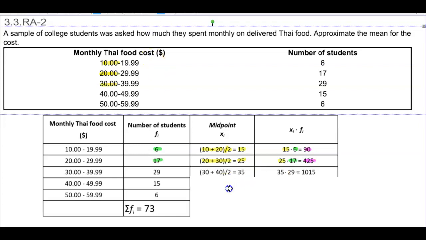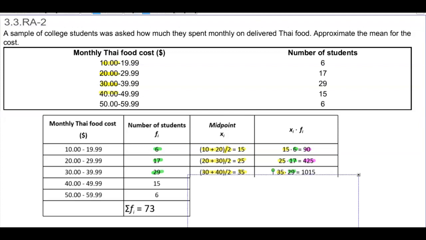Next, the next 2 lower class limits are 30 and 40. We add 30 plus 40 and divide by 2, which gives us 35. We take that midpoint of 35 and multiply it by the frequency of 29, which gives us a total of 1015.